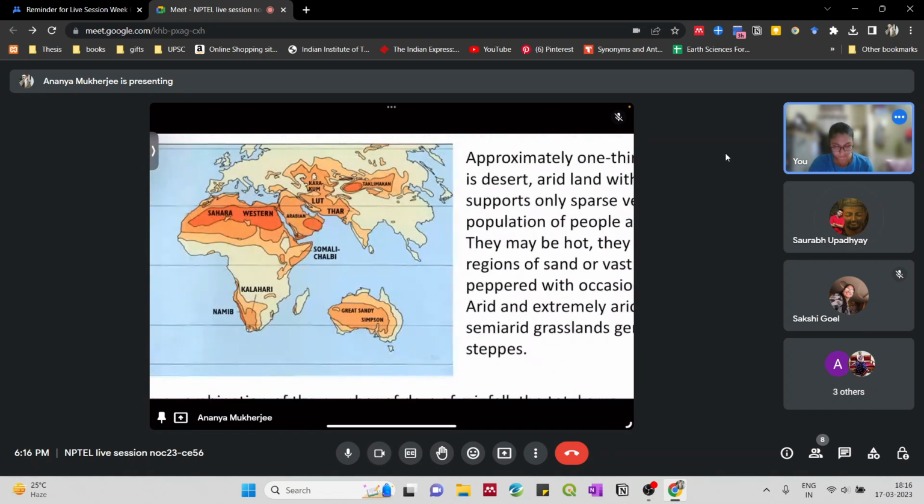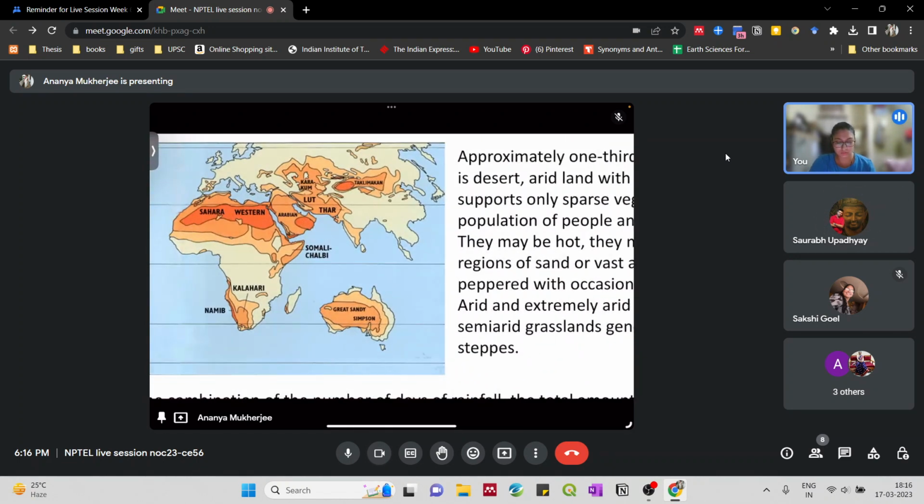When the southwest monsoon winds are going, they travel like this. All the moisture is drained here, and because of the Himalayas, this is the part where you are getting the rainfall. Then you have this desert forming over here.